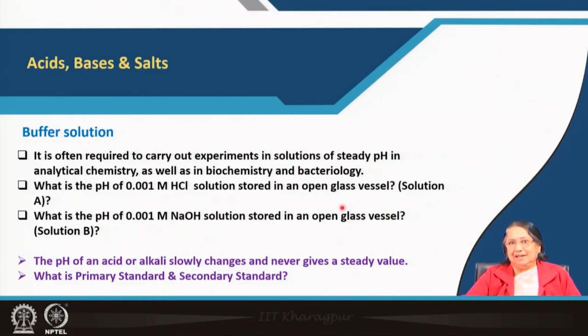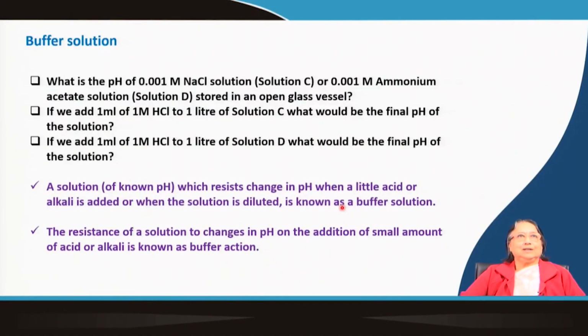Strength is known, strength will not change with time, but for secondary standard we know with time it may change. The weight also we cannot take properly. So, the HCl and NaOH that we have prepared in the glass vessel is not a primary standard, because pH is changing. Now, here comes the function of buffer.